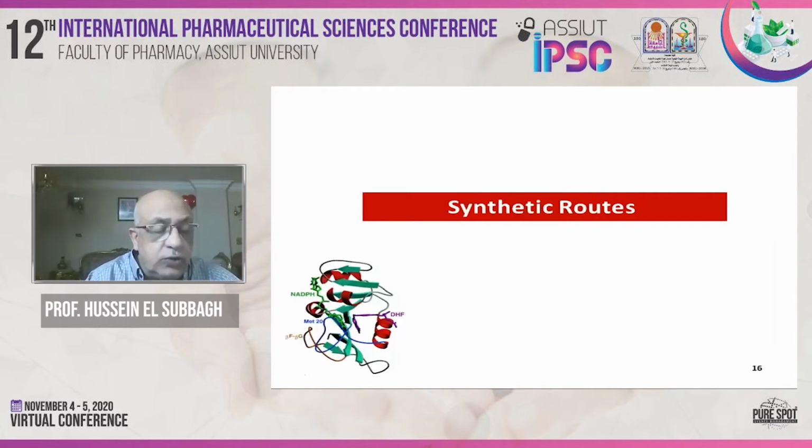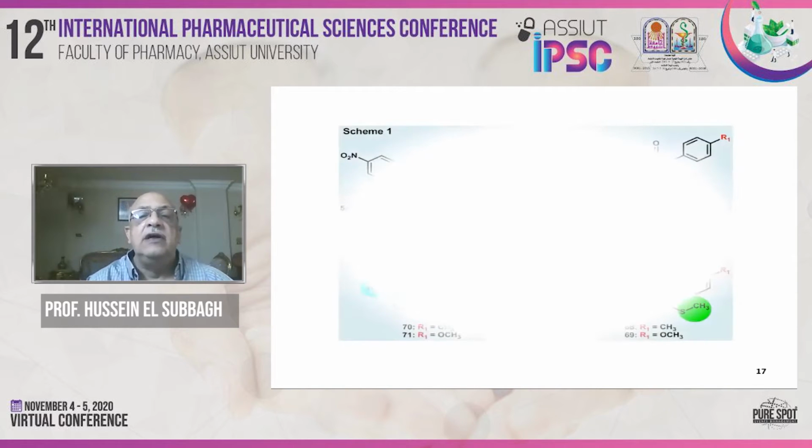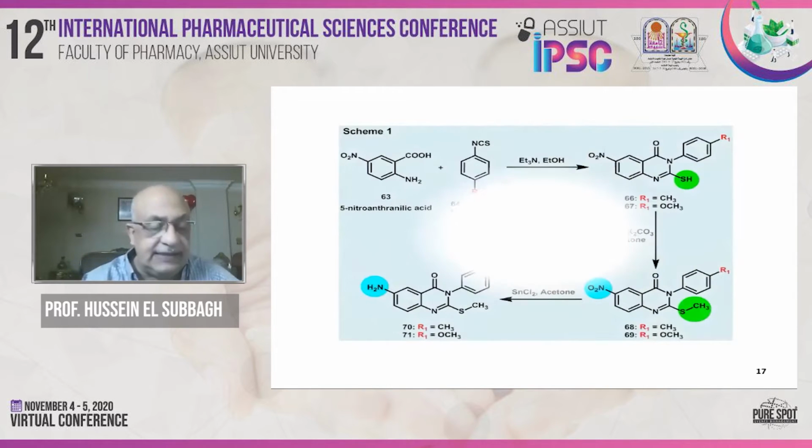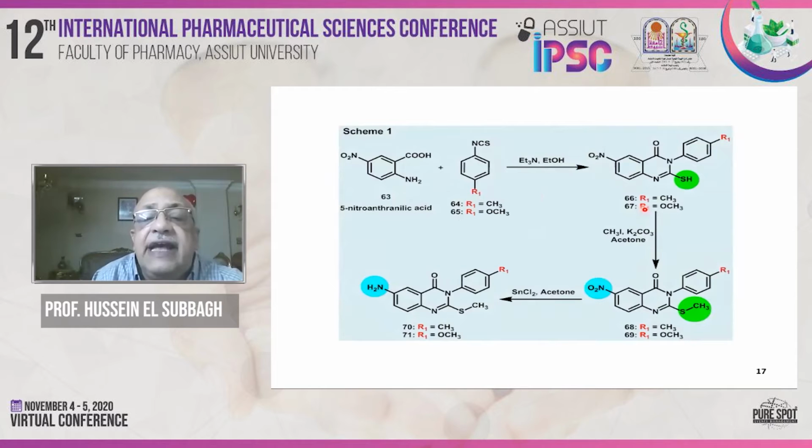In order to realize this, we managed to synthesize these compounds through traditional synthetic schemes. I'm not going to involve you in the details, but starting with anthranilic acid derivatives, we managed to get the nitroquinazoline derivative and then reduced this nitro into amino.